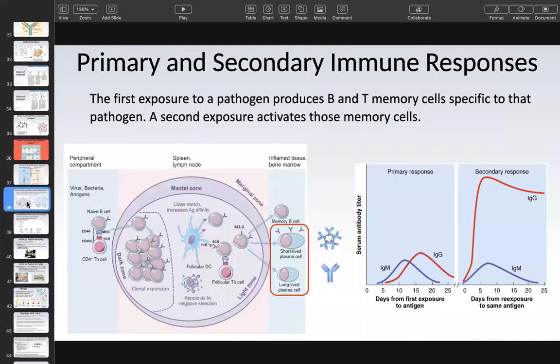Primary immune response involves the sequence of events that ensues after the initial exposure to a pathogen.